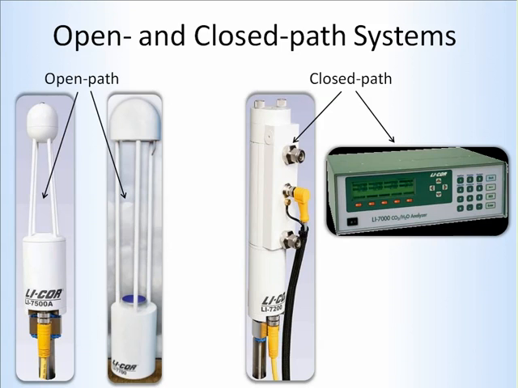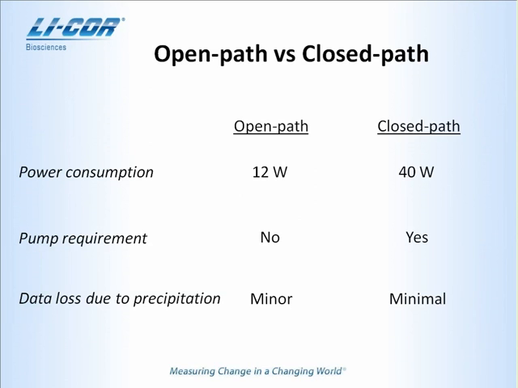Here are three major differences between the open path and the closed path systems. The open path system consumes much less power because it doesn't need a pump. Under raining, snowing, or ice conditions, both systems have difficulties collecting accurate data, but the closed path system loses less data than the open path does.